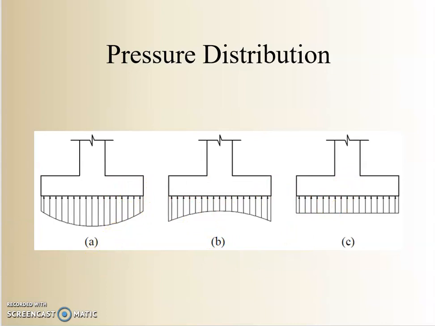Now, what do you understand by pressure distribution? Pressure distribution is the reaction of the soil beneath the footing. Now, as the soil type changes, this reaction is also going to change. The first, diagram A, is fundamentally for cohesionless soil. So this is basically for sands.